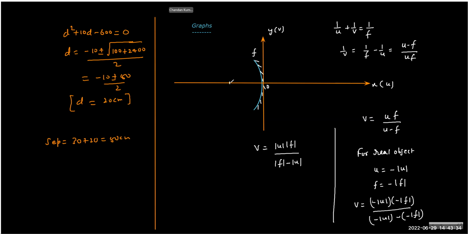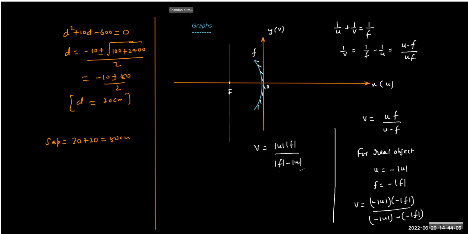So if I call this f, I must draw an asymptotic line near f. If you approach from the left hand side, the v is bound to be negative, because as long as this number is bigger than f, the answer will be negative, right? Yes.